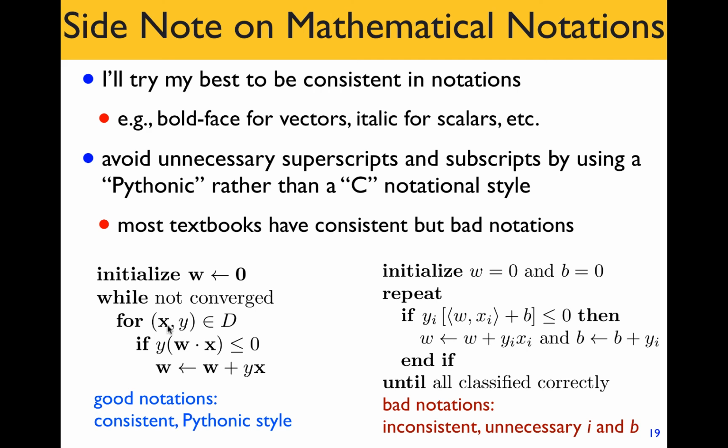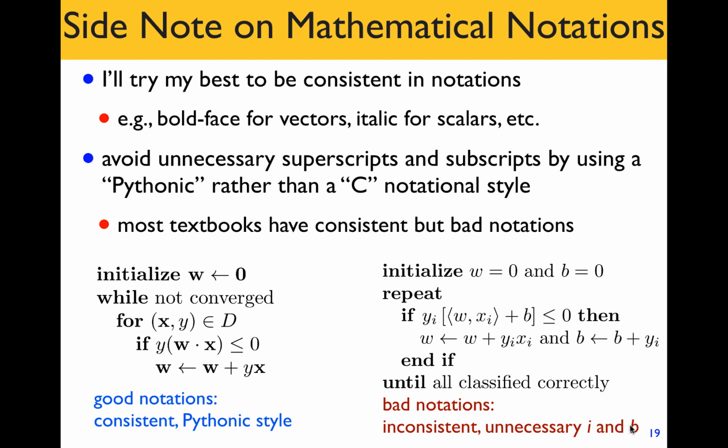We want to write a Pythonic for loop, that is, for x, y in D. If you write Python, you really write in these notations. You don't need to care about i. Most of the time you don't need this loop variable, so that simplifies a lot of things, right? So for x, y in D, I don't care whether it's the 5th or 7th. Who would care about the loop variable, right? Because it plays no role in the learning algorithm.